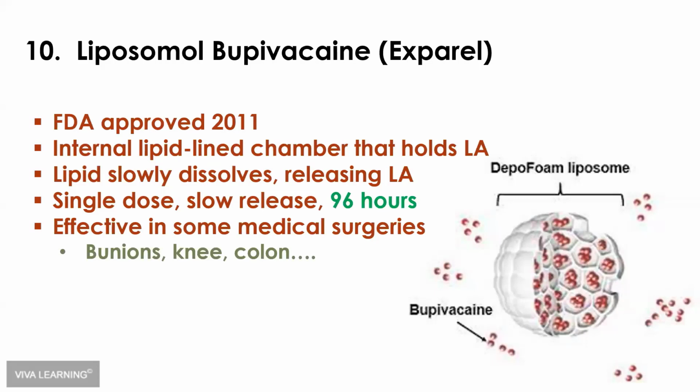So you inject this local anesthetic, it slowly releases over 3 days or so. So you get anesthesia, numbness for 2 to 3 days. Now, why would you want that? Well, if somebody's going to be in pain for that period of time, wouldn't it be nice to have this sort of pocket of anesthesia in there that's going to allow the patient to have much less pain?